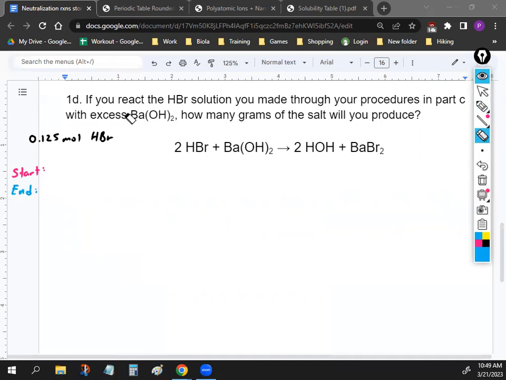Okay, so if you take a look at the problem, it says that you're going to react HBr that you made in part C with excess BaOH2. So just by looking at that, what chemical is our starting chemical? Yeah, HBr. That's the thing that you're going to be working with. So our starting number is just going to be 0.125 moles of HBr.